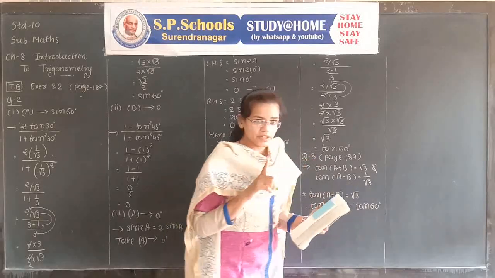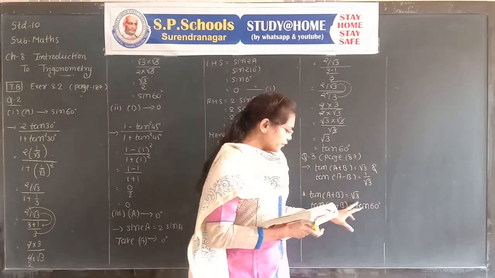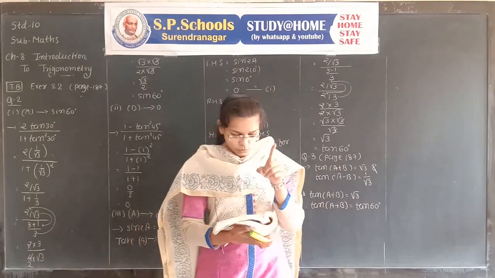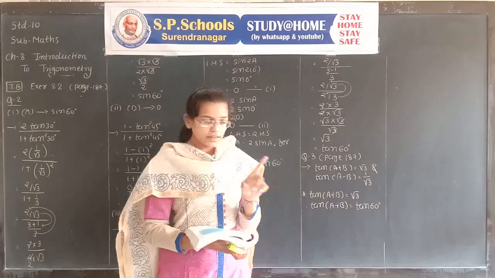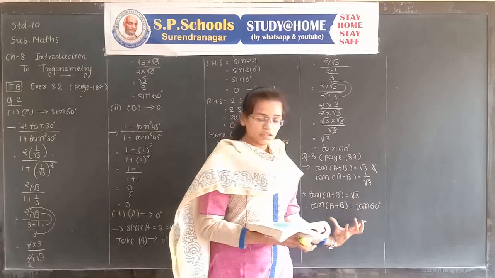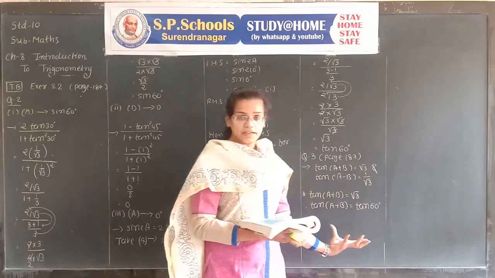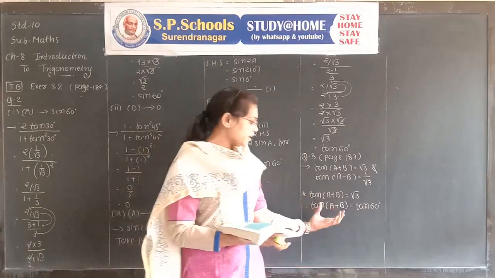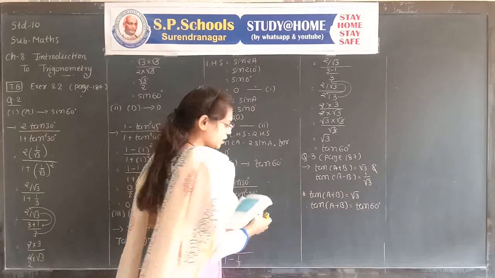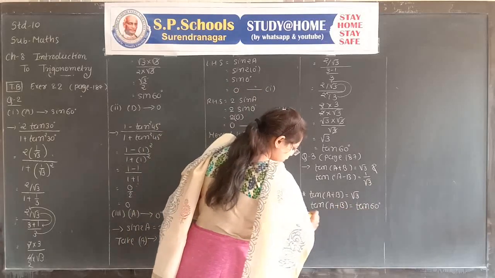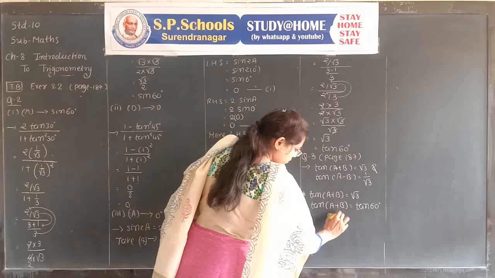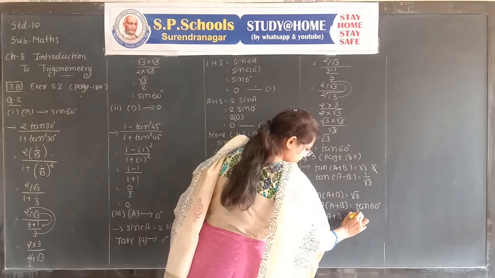Both trigonometric ratios are equal. As we know, root 3 is also the value of cot 30, but we can't take cot 30 here because the trigonometric ratios are different. We have to take the value with the same trigonometric ratio. Comparing a plus b with 60, we get a plus b is equal to 60.